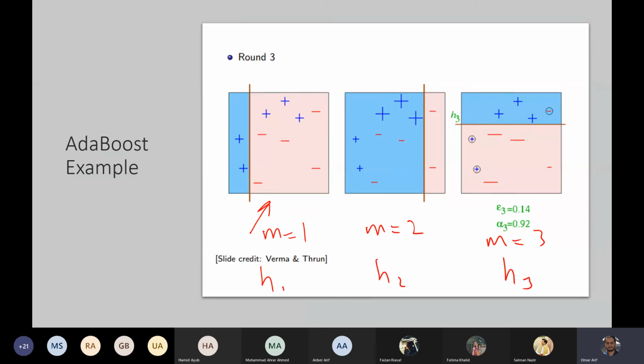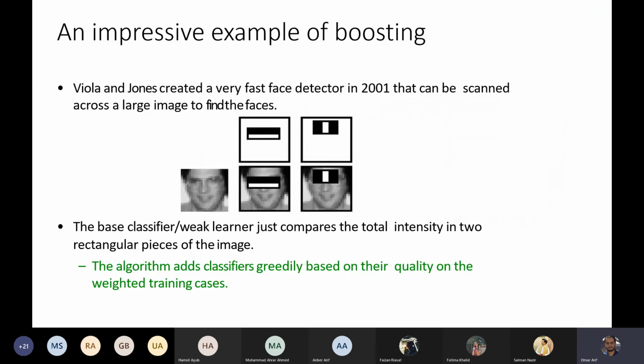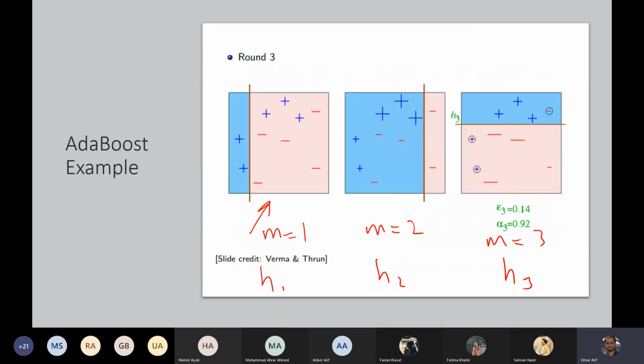Okay, and finally the prediction will be the sum where m goes from 1 to capital M, which in this case is 3.